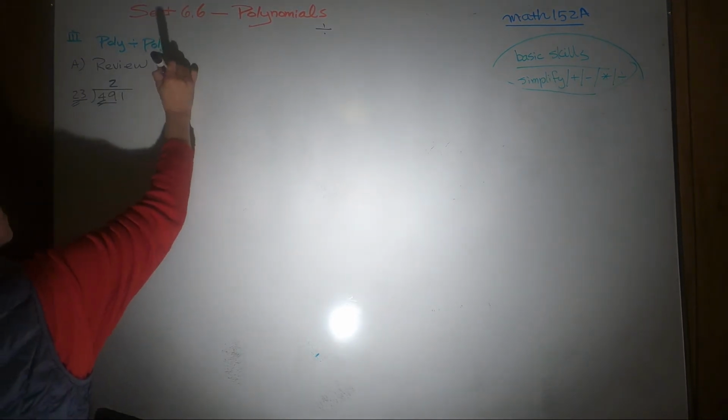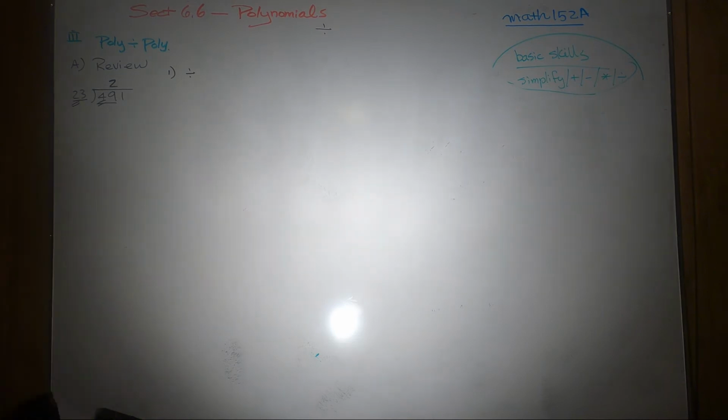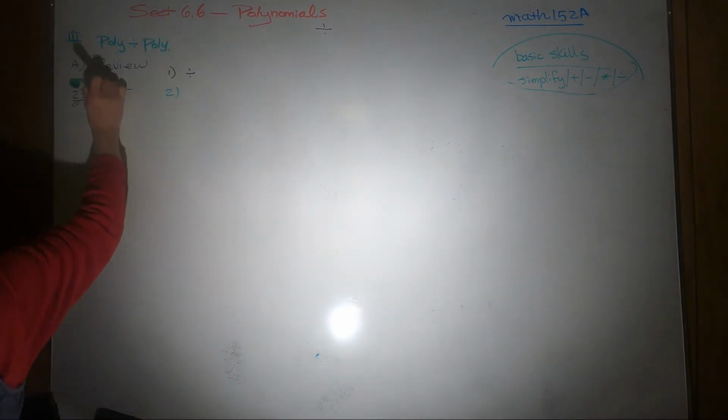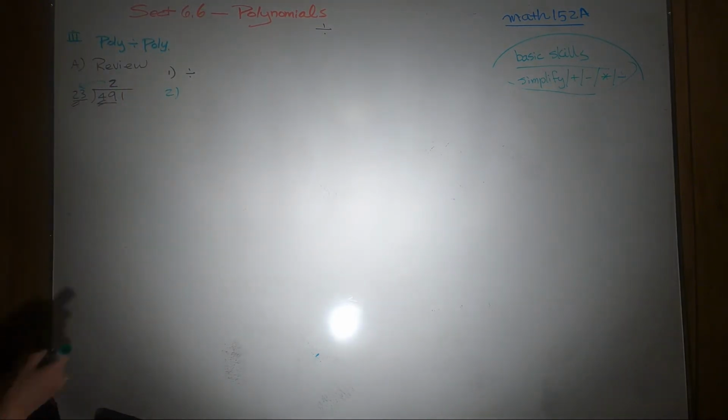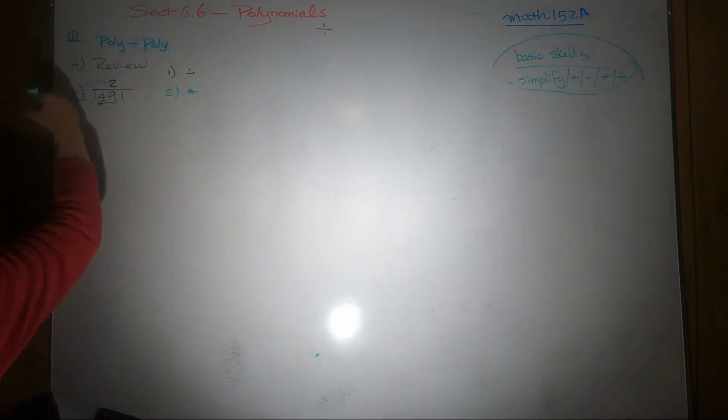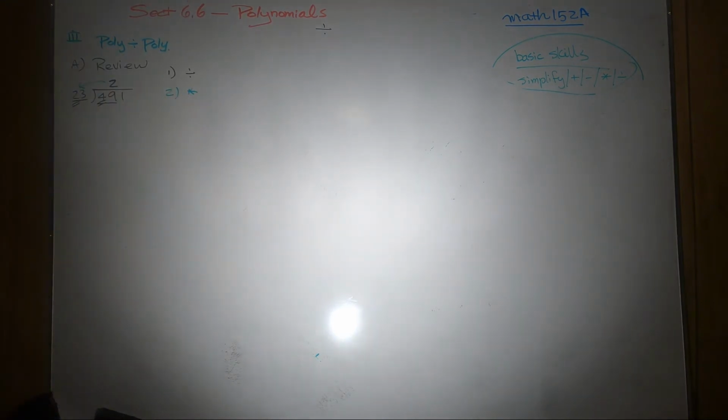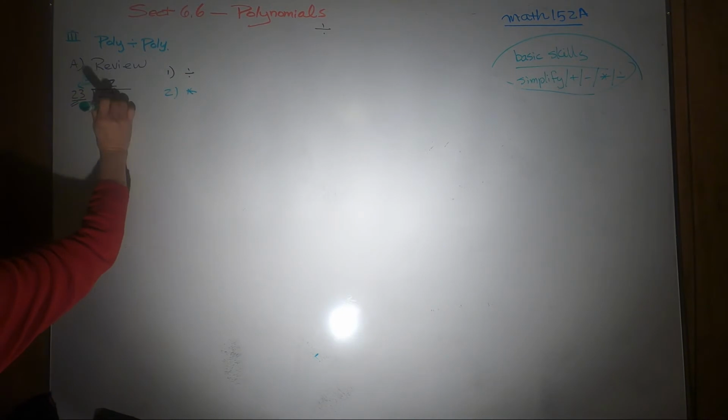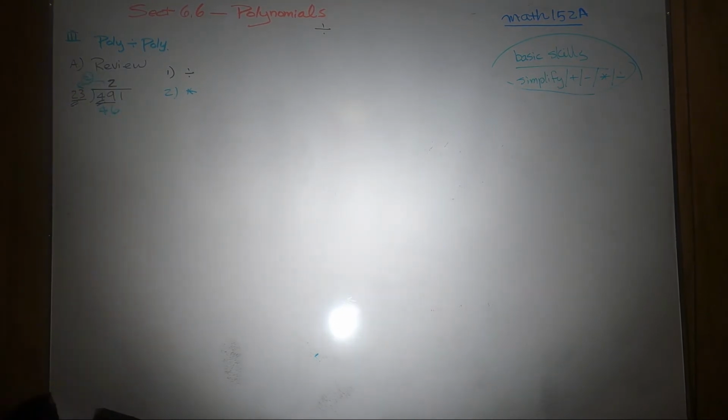So first step, what will we do? So we will do the division, right? Then what's your second step? Then you will do what? You multiply back, right? You multiply back, you have to multiply the whole thing. So this is your second step. So 2 times 23 is what? 46, right? Then what's your next step?